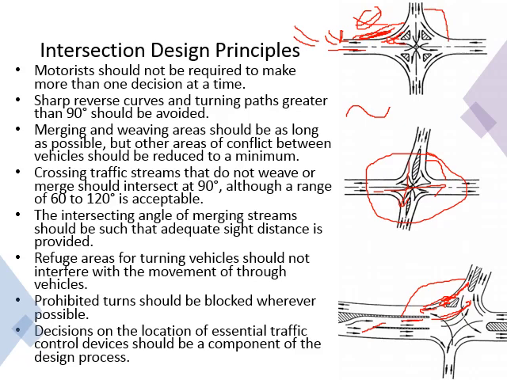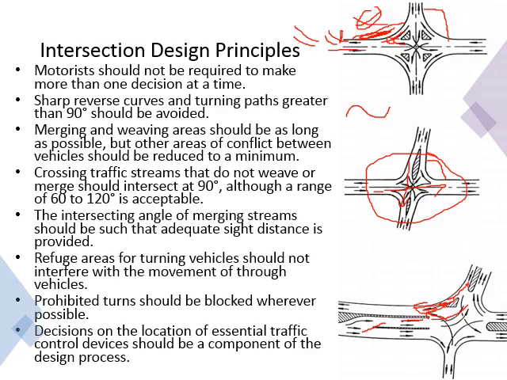And for merging sections, wherever the drivers have to merge from different directions, make sure they have enough side distance. So when this driver is trying to merge with this driver, both drivers can see each other from some distance ahead. I should not suddenly come here and see a driver coming from this direction.